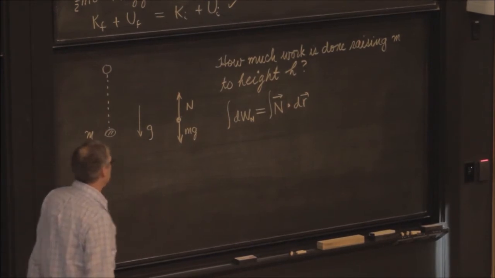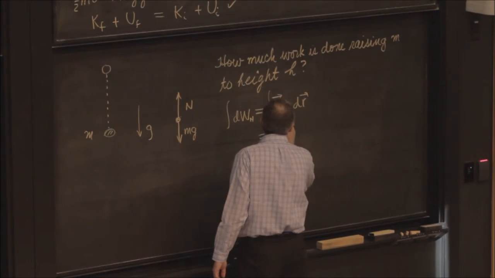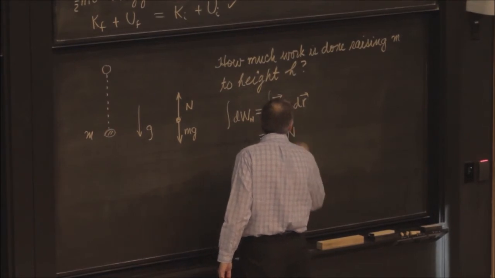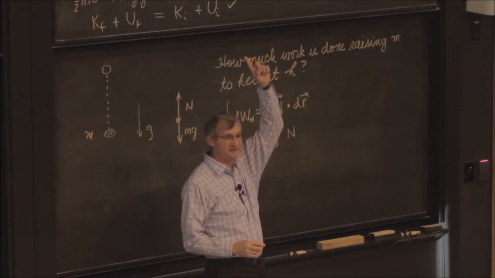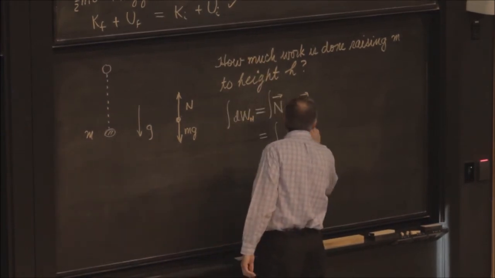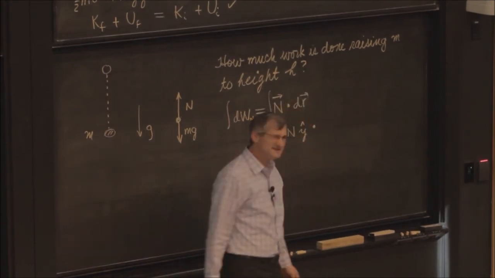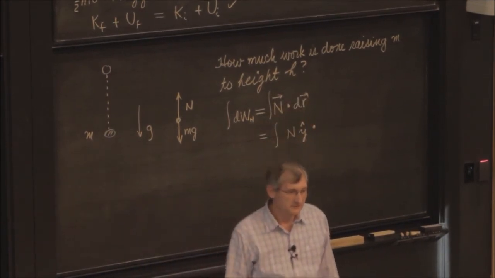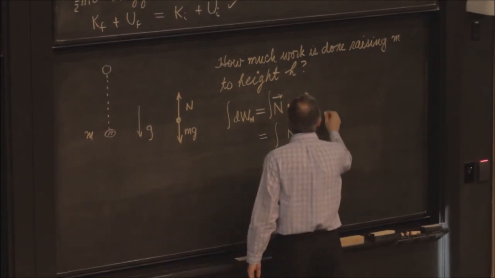The normal force along this path can be expressed as a magnitude N times vertically up, a unit vector, y hat, dotted with, what is dr vector? Well, let's be very general here.